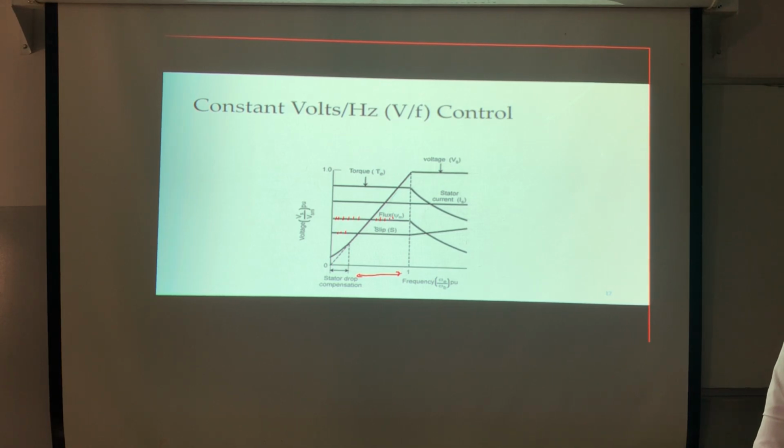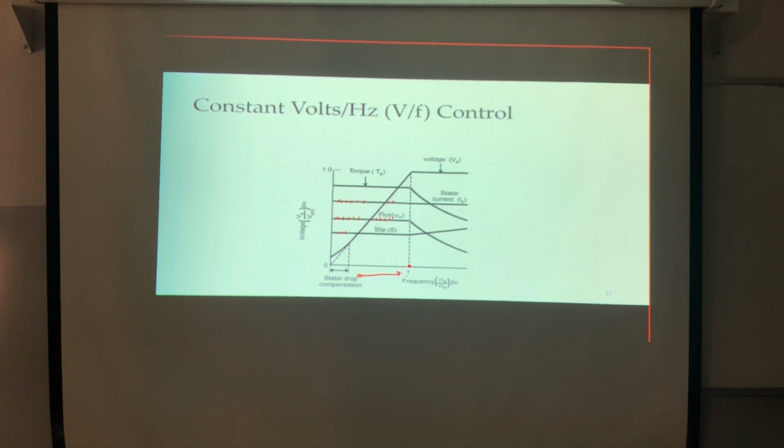The machine is designed to operate at the highest efficiency at the rated condition, correct? So here I will keep the slip constant and regulate the current such that the slip is constant.